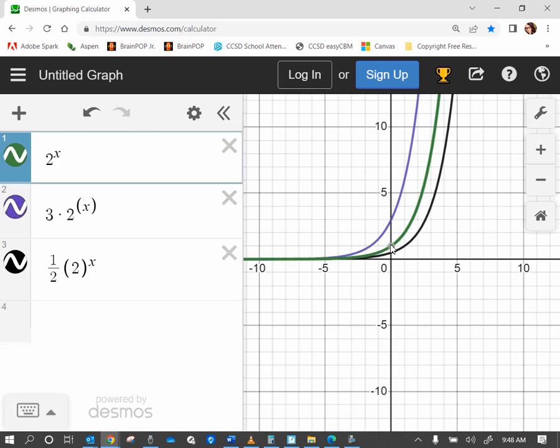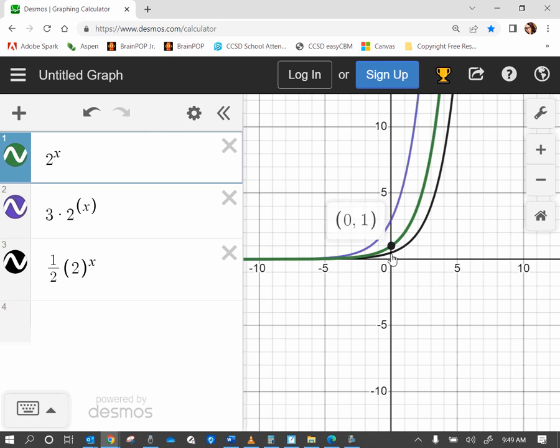So if we started out at green, if we multiply by 3, that stretches it, that pulls it up like a rubber band. And then if we make it 1/2, so we're looking at the green, and then we make it 1/2, that's the black line.